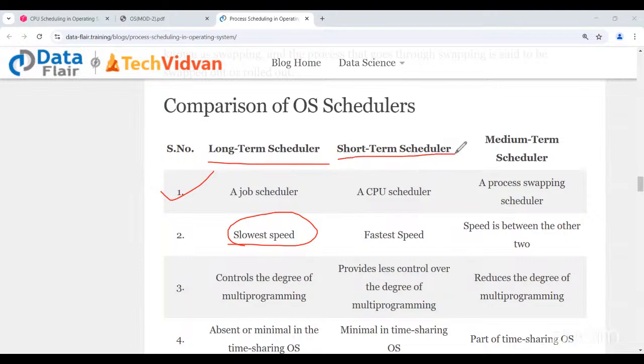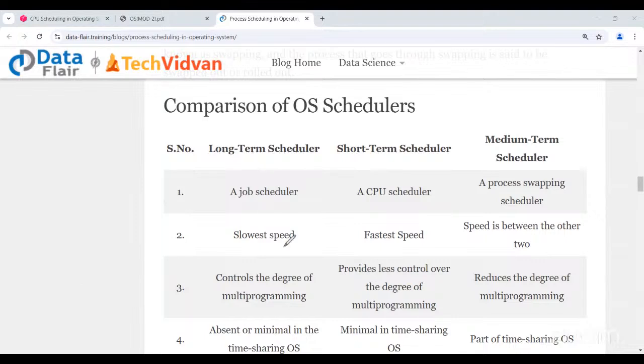And short-term scheduler will take less time because it is very fast. Switching between the processes is very fast. The medium-term scheduler's speed is between the other two. That means it is moderate. It is neither fast nor slow.